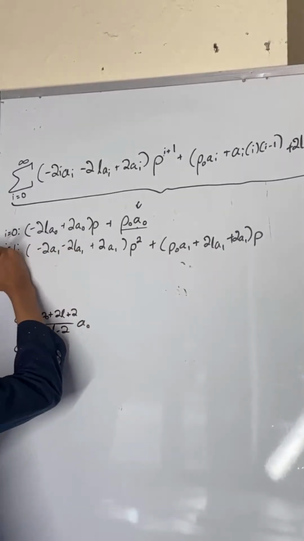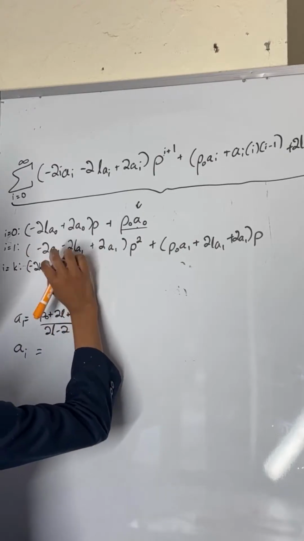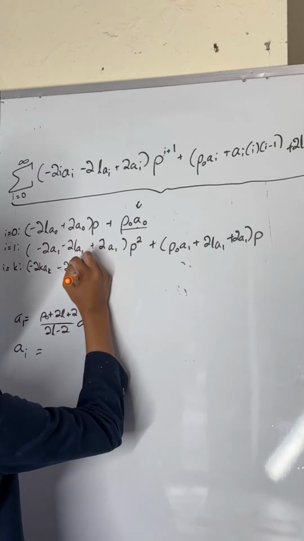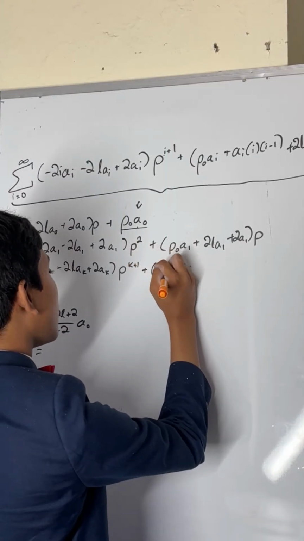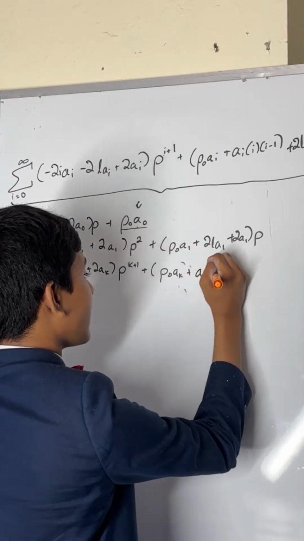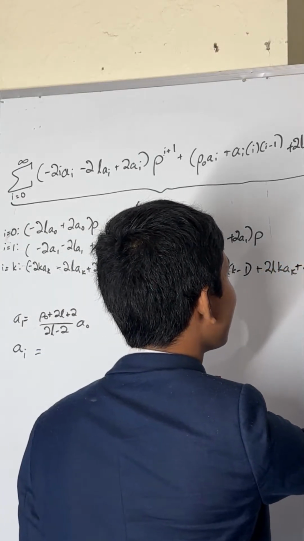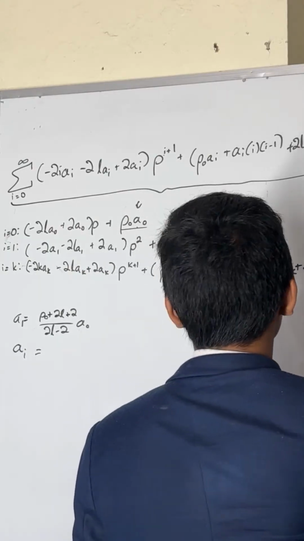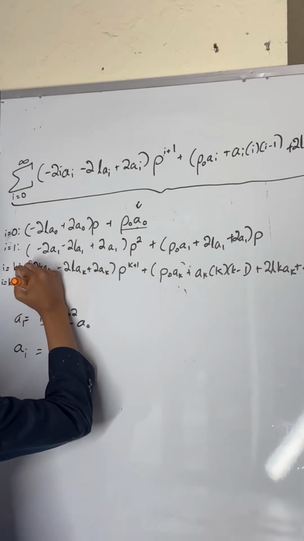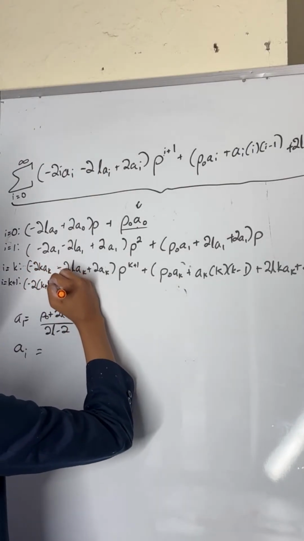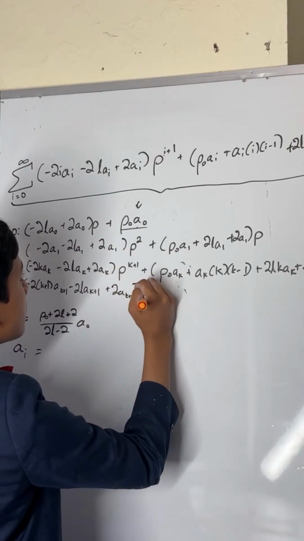Well, the kth term is going to be minus 2k ak minus 2l ak plus 2ak rho to the k plus 1 plus rho naught ak plus ak k minus 1 plus 2lk ak plus 2k ak rho to the k, and then i equals k plus 1 is just going to give us minus 2(k plus 1) a(k plus 1) minus 2l a(k plus 1) plus 2a(k plus 1) rho to the k plus 2.